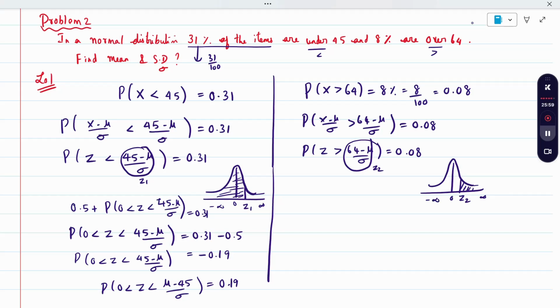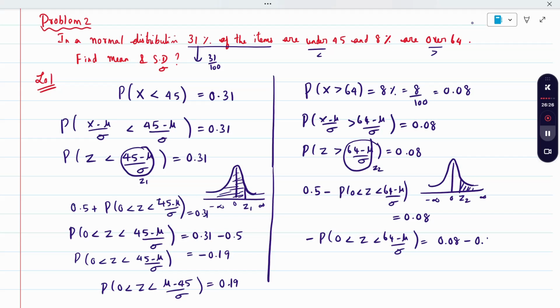So it is nothing but 0.5 minus probability of 0 is less than Z is less than (64 minus mu) divided by sigma equal to 0.08. So probability of 0 is less than Z is less than (64 minus mu) divided by sigma equal to 0.08 minus 0.5.